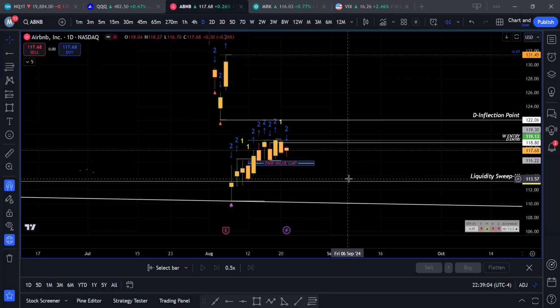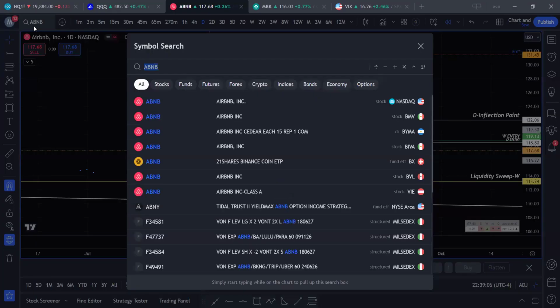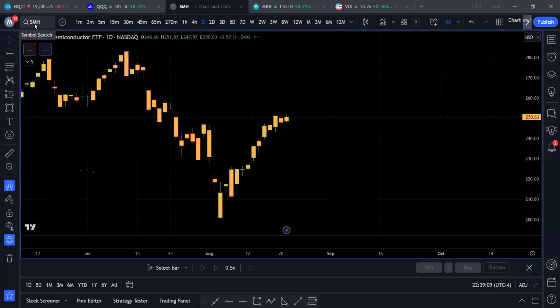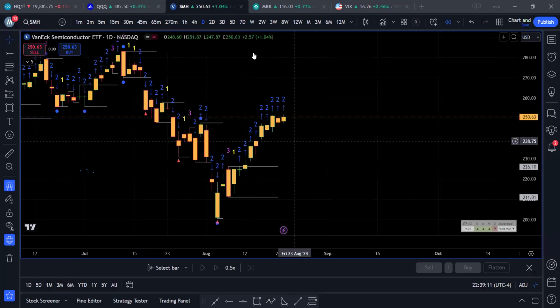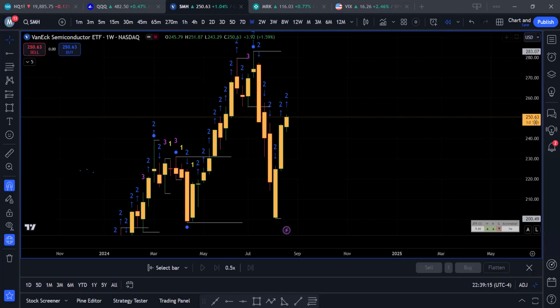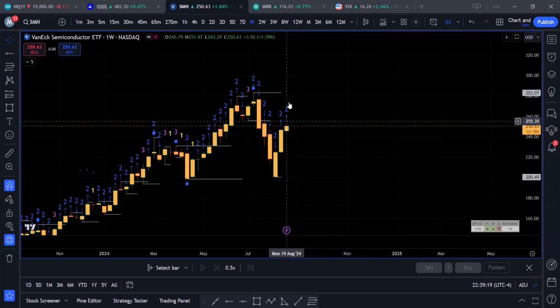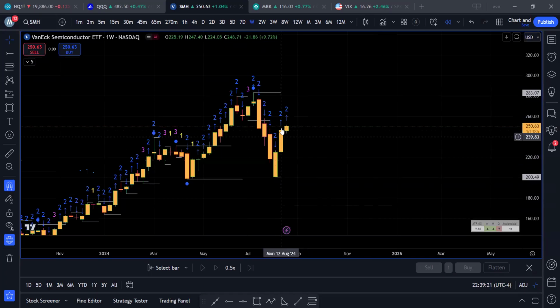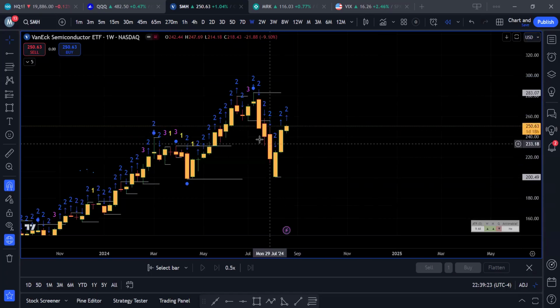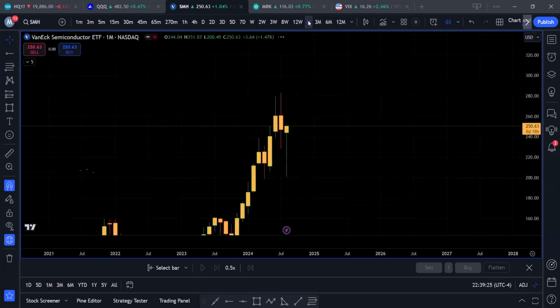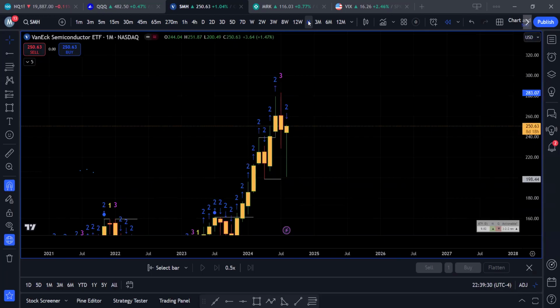Do a favor for me and go to SMH sectors and show them what's potentially going to happen. On what time frame are you looking at, the daily, the weekly? The daily and the weekly, just going forward. Oh, it looks like it's actually doing a TTO. Hold up. I actually have a gap that it has to blow through more or less.